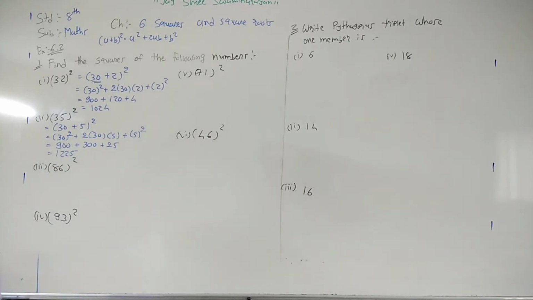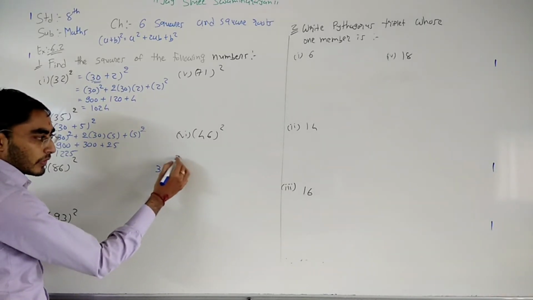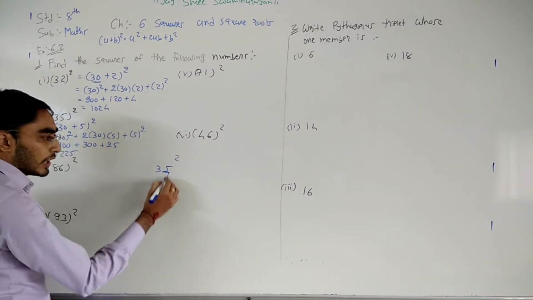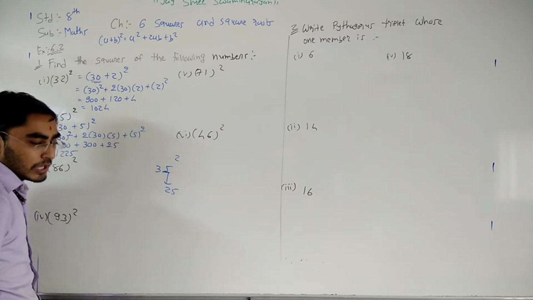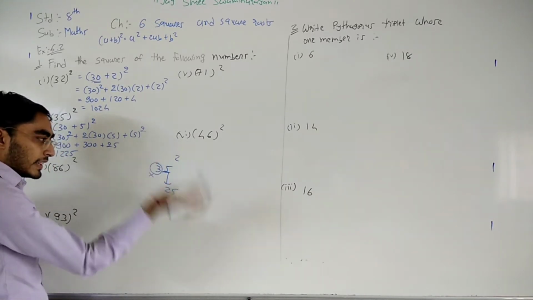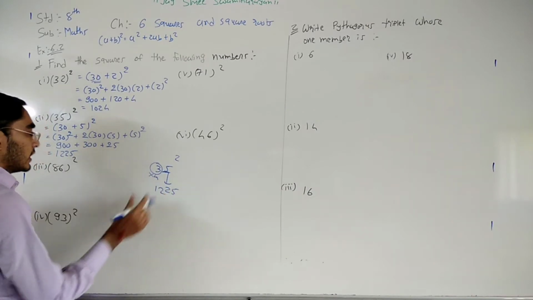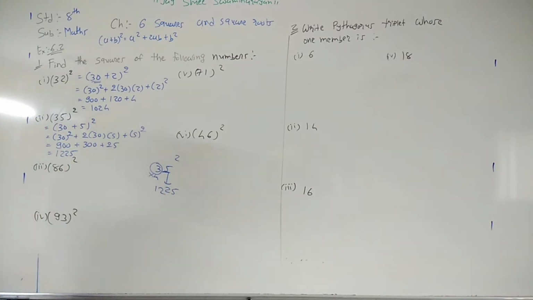We have one another way too to find the square of 35. If our unit digit is 5, directly write down 5 square 25, and multiply the other number with the next number, so 3 4s are 12. This is the answer of 35 square.